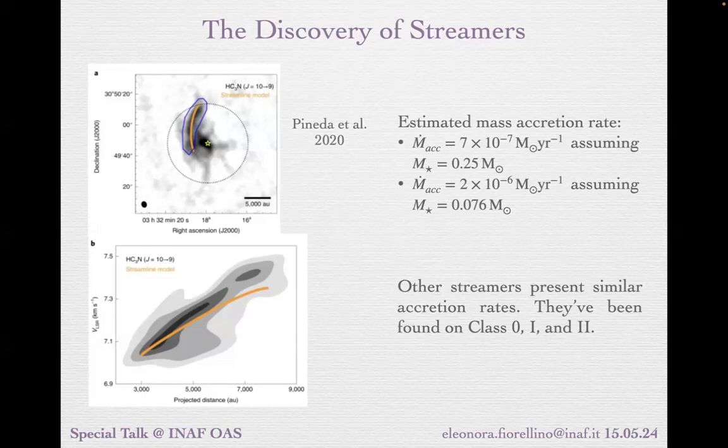Sure. The problem is that there is no way for the moment by which we can constrain the mass accretion rate. Here I reported some estimates, but the error bars on those estimates are very large because they're based on assumptions, because we don't know the stellar mass.